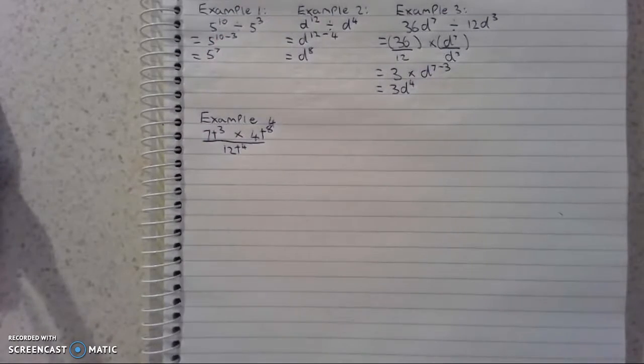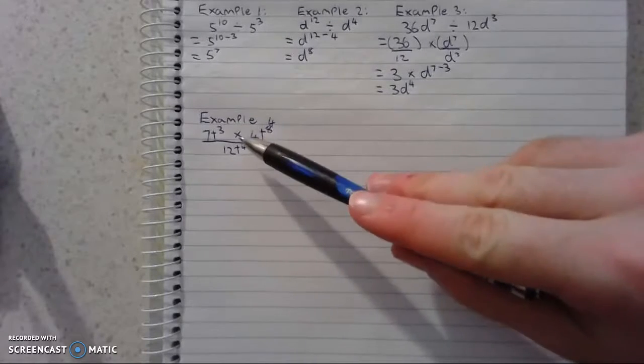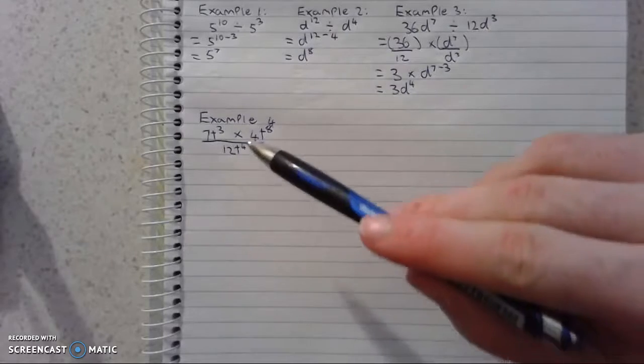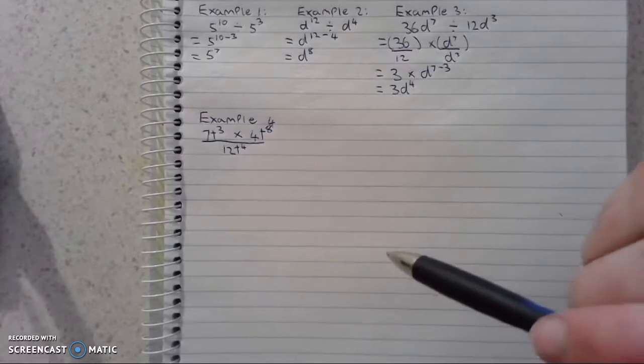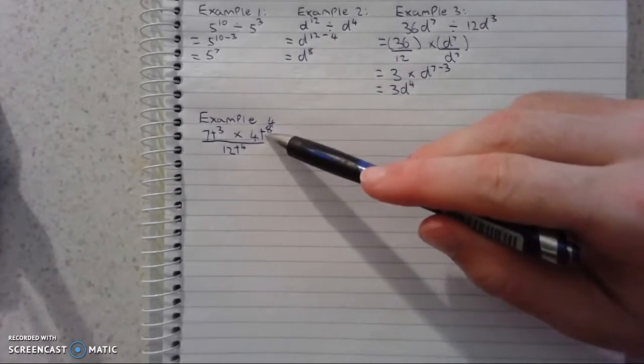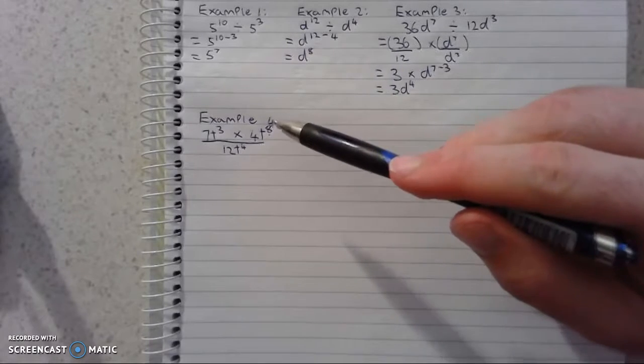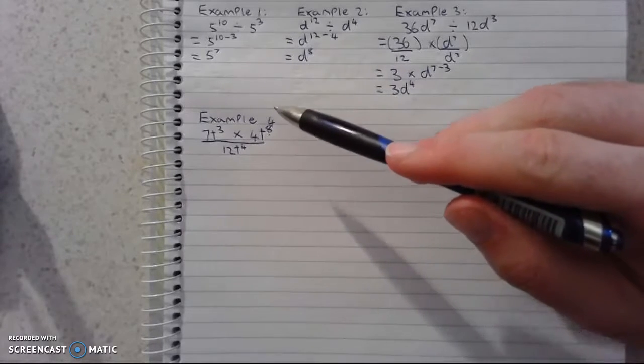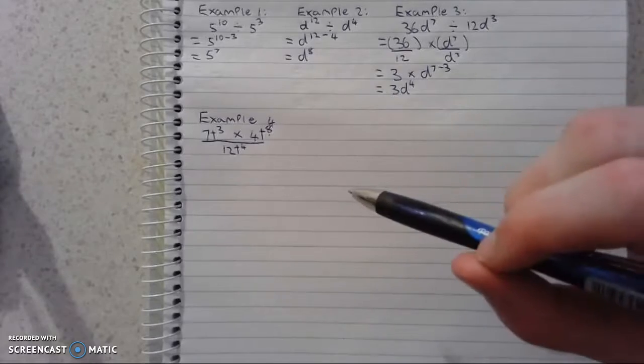So this is going to be something a little bit different. First off, we can see that we actually have a multiplication symbol here as well as a division symbol. So what we need to do here first is apply the first index law, and then we can apply the second index law.